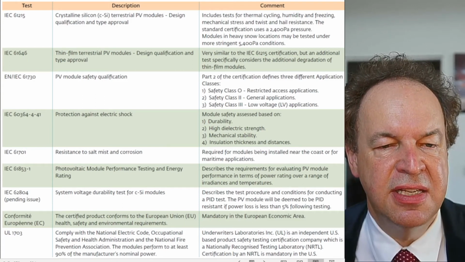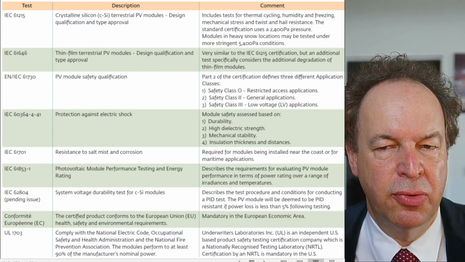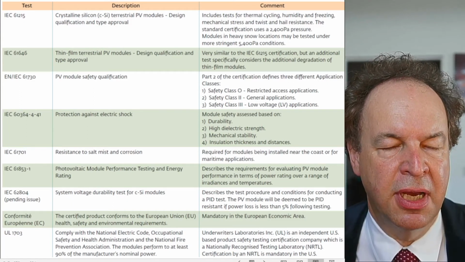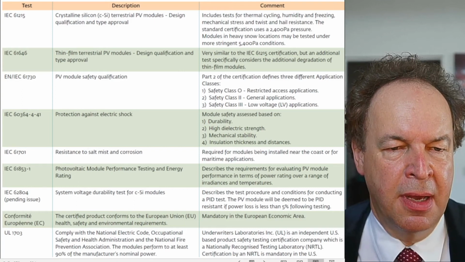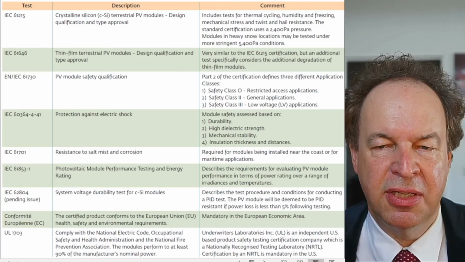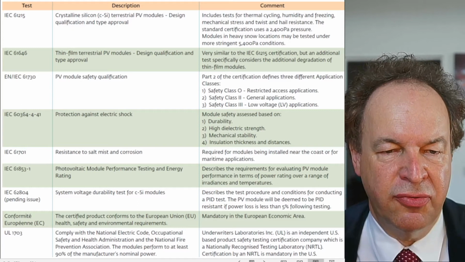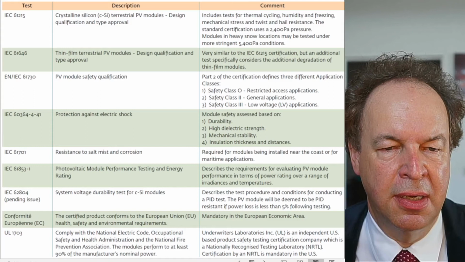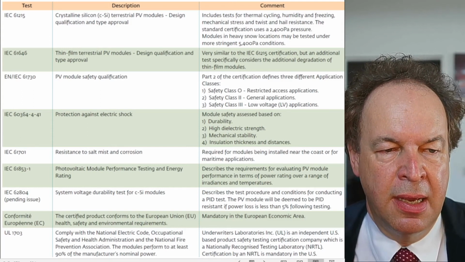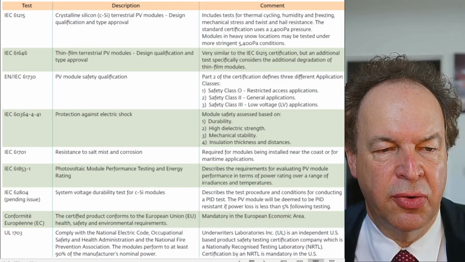Then they have the CE sign, so that's not only for PV modules, that's for any equipment imported into the European Union. So this is about health, safety, environmental requirements. You have to have it. It's not very harsh conditions, but it's a requirement. And then the UL 1703.